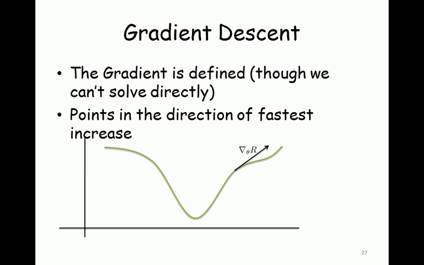If you take the derivative of this curve, you'll be pointing in the direction of the largest increase at that point. At any point, if you look at the tangent, it'll take you in the direction where its value would increase the most. What we'll do is just take the negative of that and move in the opposite direction.